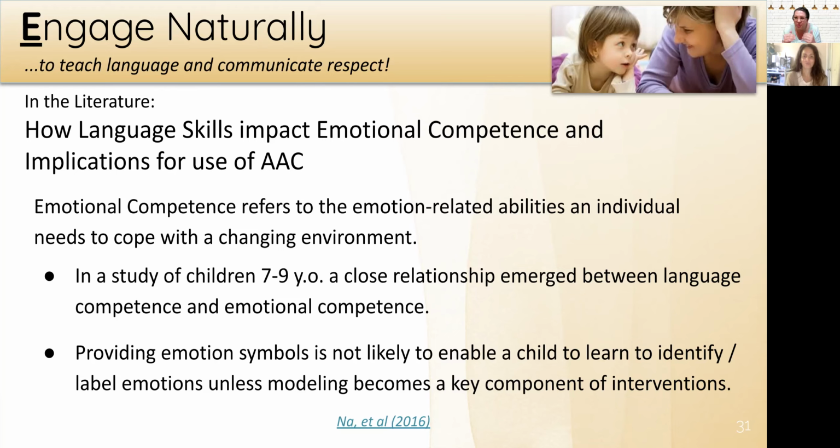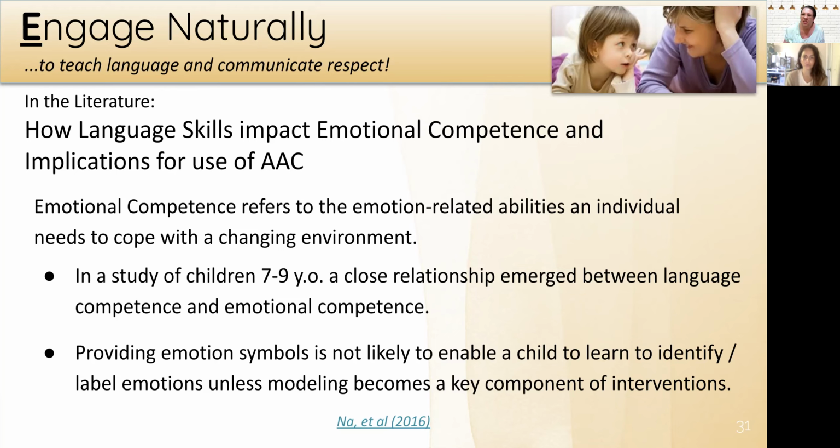If you use the zones of regulation, you're in that green zone, or somewhere where we are able to learn, we're at that readiness, like Maggie said. So continuing with that study, they talked about how for 7 to 9-year-old children, there was a correlation, or a close relationship, that emerged between language competence and emotional competence. So again, when we have access to a more robust vocabulary, we're able to express our emotions better.